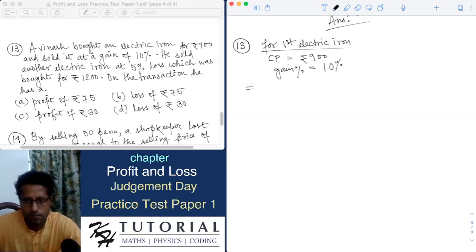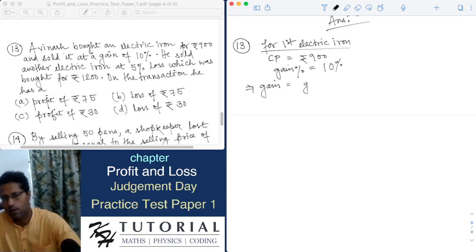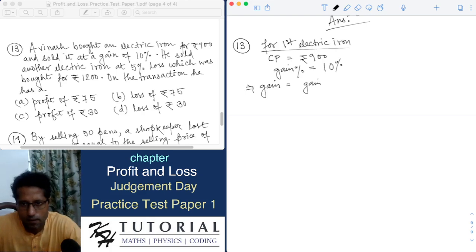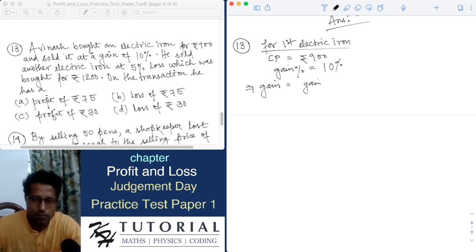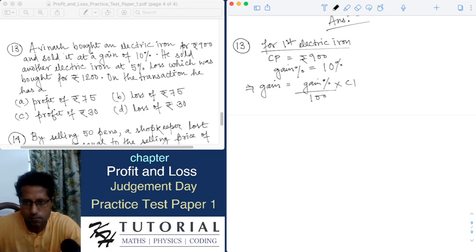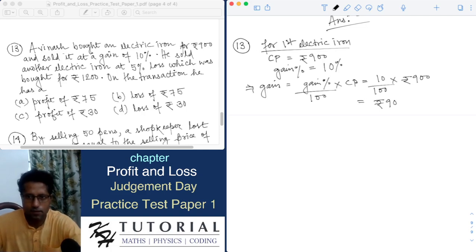This implies gain is equal to gain percent by 100 into CP. Gain percent is given to be 10, so 10 by 100 into rupees 900. This equals rupees 90. This was the gain for the first electric iron.